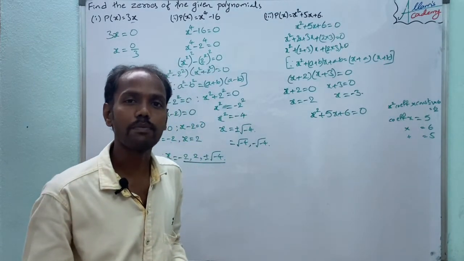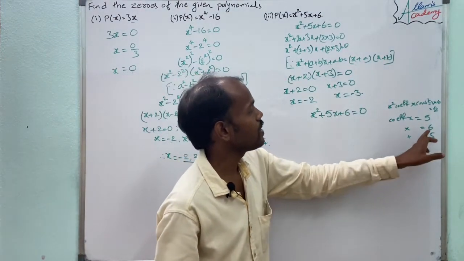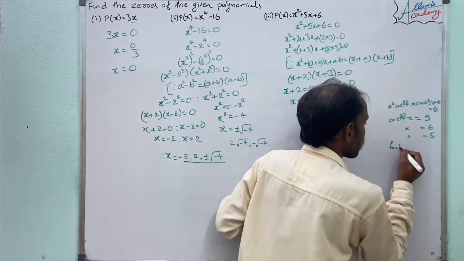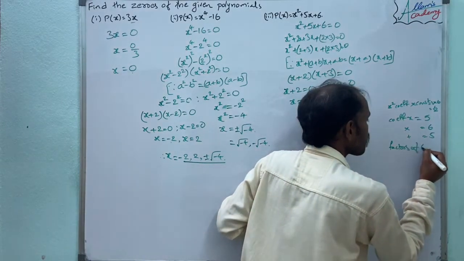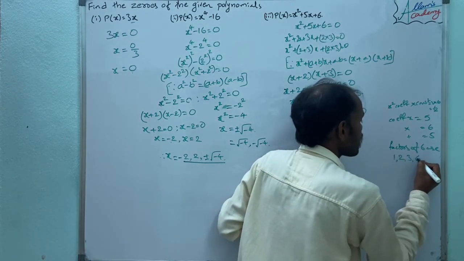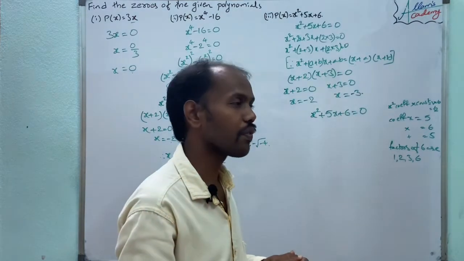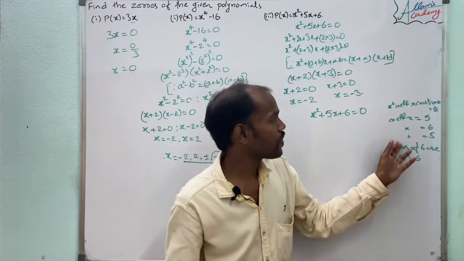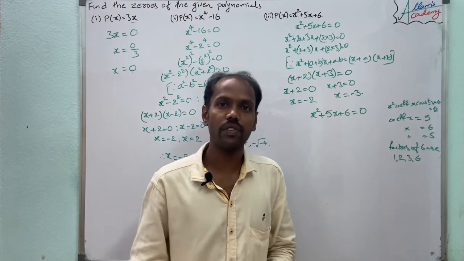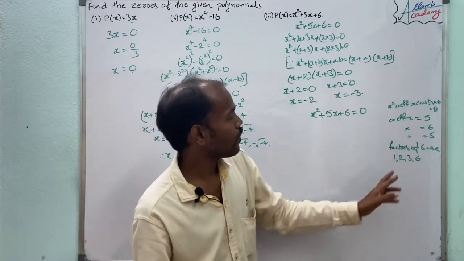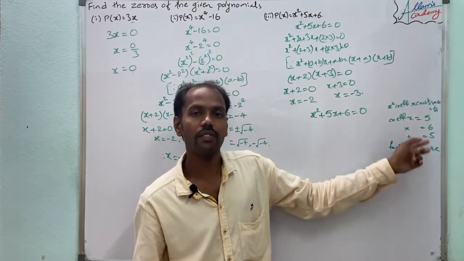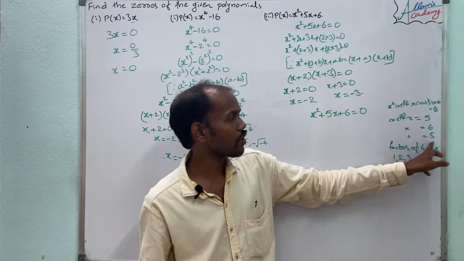So we observe the factors of 6: 1, 2, 3, 6. Among these four factors, we have to observe which factors multiplied give 6 and added give 5. 1 into 6 is 6, but 1 plus 6 equals 7, and here we want to get 5.